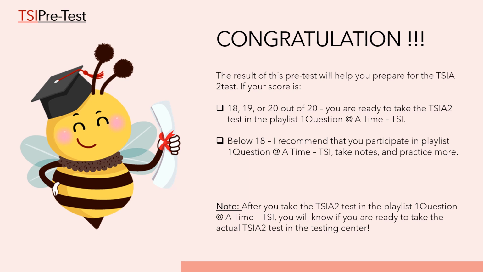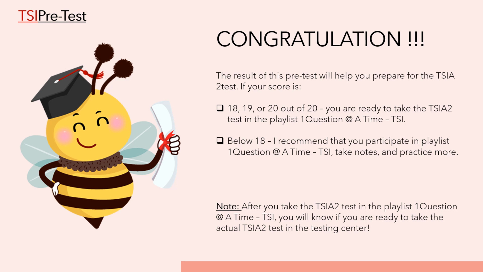Congratulations, you have finished the TSI A pre-test. The result of this pre-test will help you prepare for the TSI A2 test. If your score is 18, 19, or 20 out of 20, you are ready to take the TSI A2 test in the playlist One Question at a Time, the TSI series.